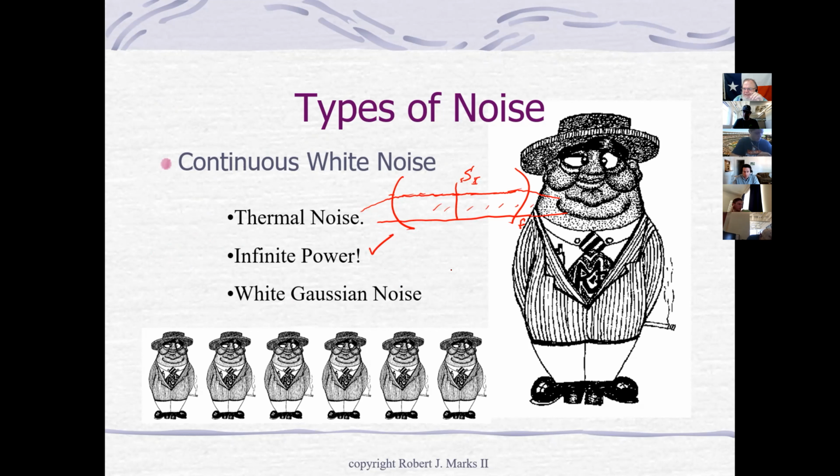Now, let's deconstruct what we mean by white Gaussian noise. What is white Gaussian noise? Number one, it means that the autocorrelation must be a delta function, and that the power spectral density is uniform. What does it mean about Gaussian?